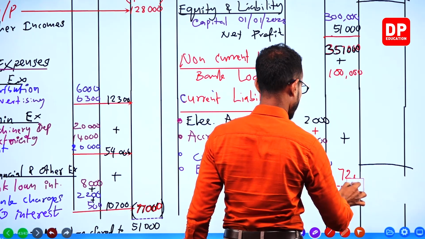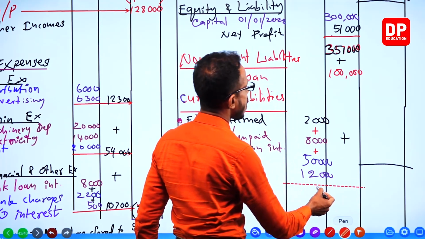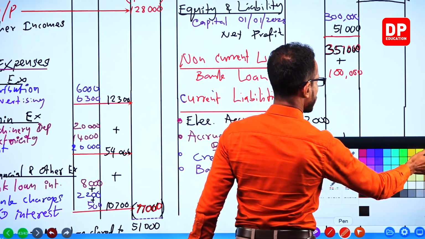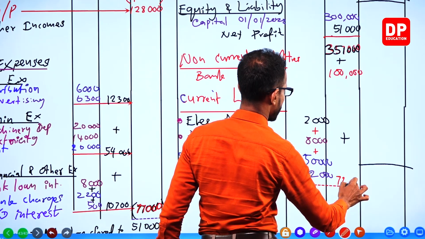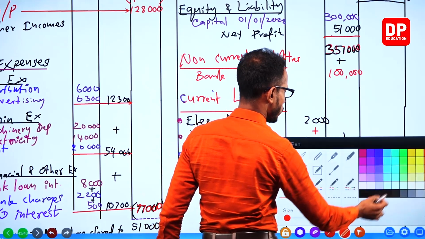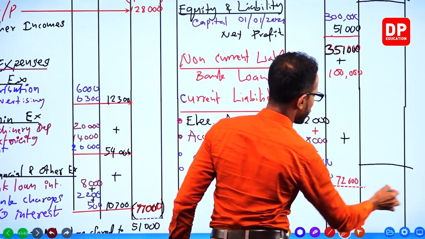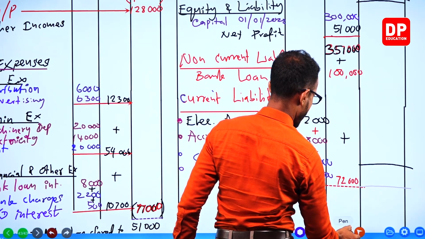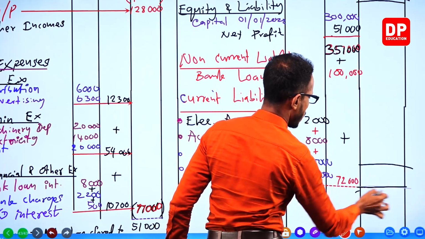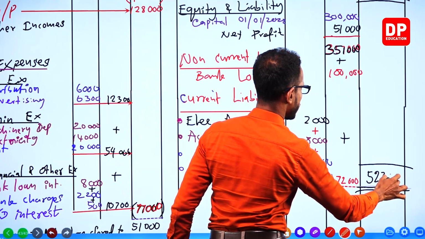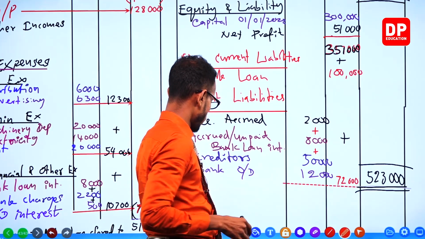Wait. Let me make it very clear for you. Here it should be 72,000. Now we have space for the total to be transferred to this side. Now 523. Big numbers.